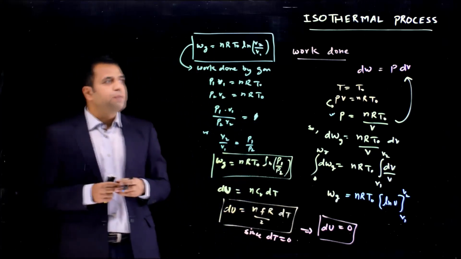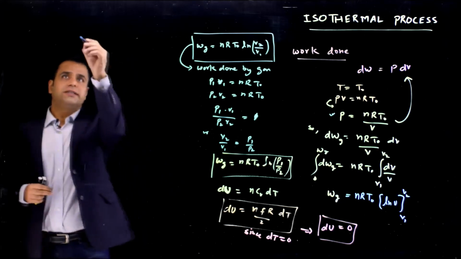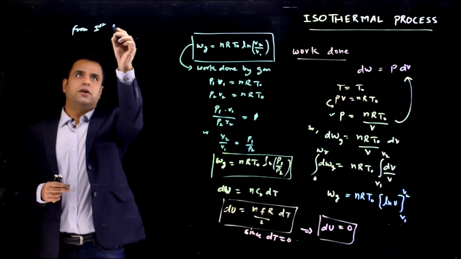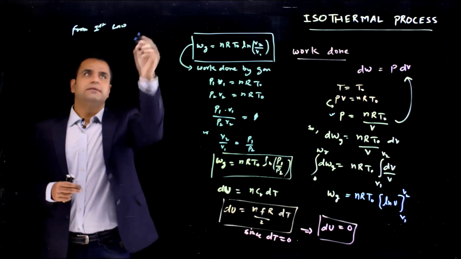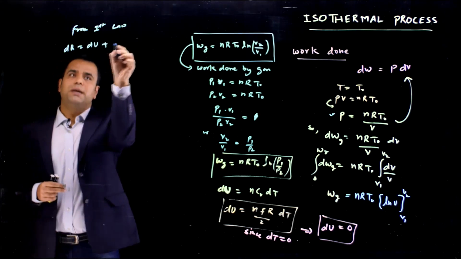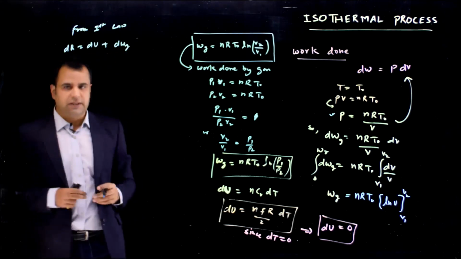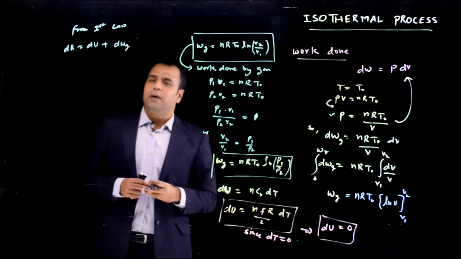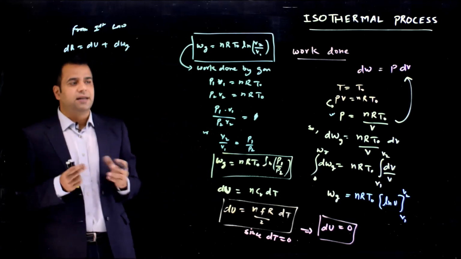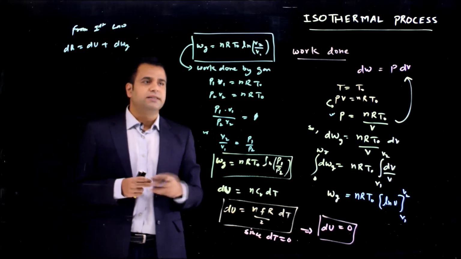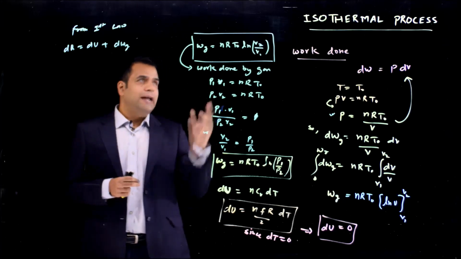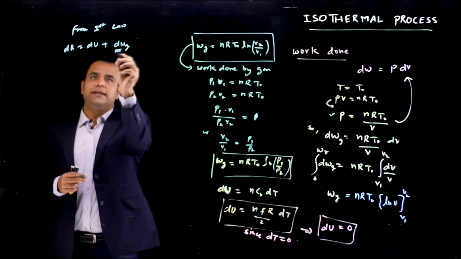Let's go calculate the heat. From the first law of thermodynamics, the formula is dQ is dU plus dW by gas. In this formula, dQ is the heat given to the process, dU is the change in internal energy of the process, and dWg is the work done by the gas. For the isothermal process, we have calculated both of these.